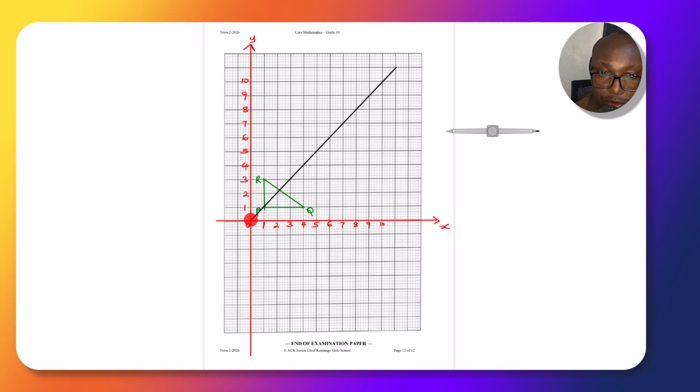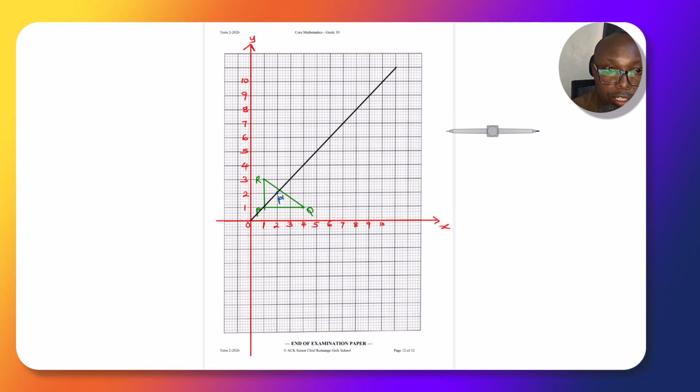So we count from here, 1, 2. So 2 will be here. So that is why we mark the image of P. So the image of P will be here. We're done with that.